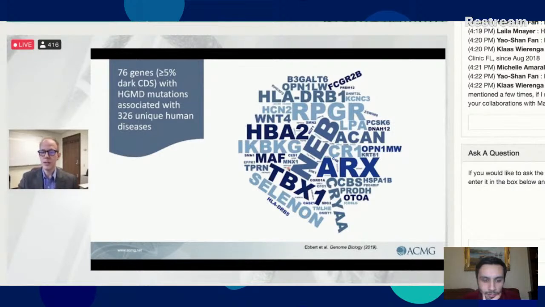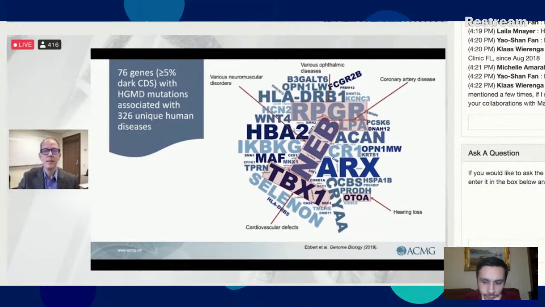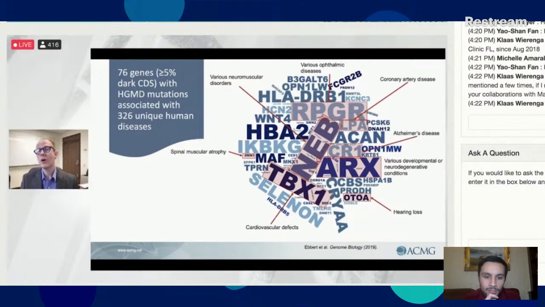And some really big hitters here. RPGR is associated with various ophthalmic diseases, TBX1 with various cardiovascular defects, coronary artery disease, hearing loss, various neuromuscular disorders, various developmental or neurodegenerative conditions, spinal muscular atrophy, and even Alzheimer's disease.